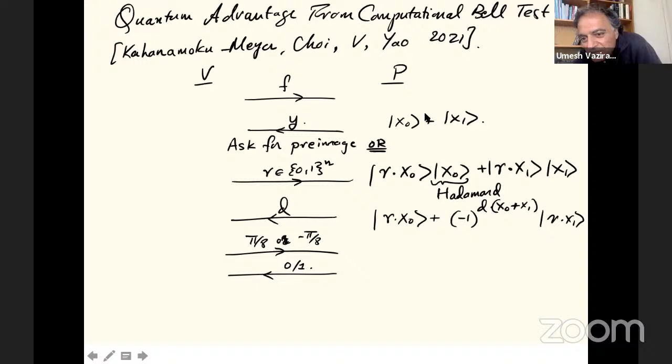An honest prover is following this particular protocol. But what we're claiming is that a dishonest prover who is classical has no better than a 75% chance of giving the correct answer here. It's like the CHSH game. And that is independent of the architecture or what actually is being done.